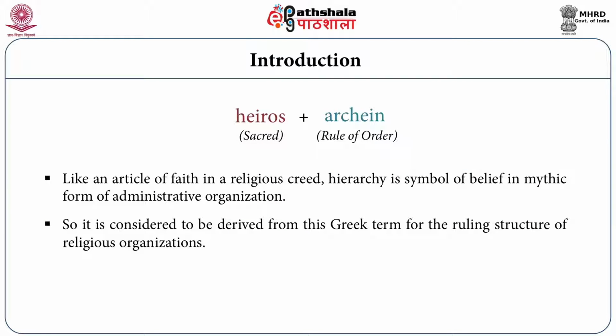There is a reason. These two words are related to the Christian faith, in which there is a hierarchy of God followed by archangel and angels. We can understand that the origin of the concept of hierarchy is akin to the Christian faith and belief.